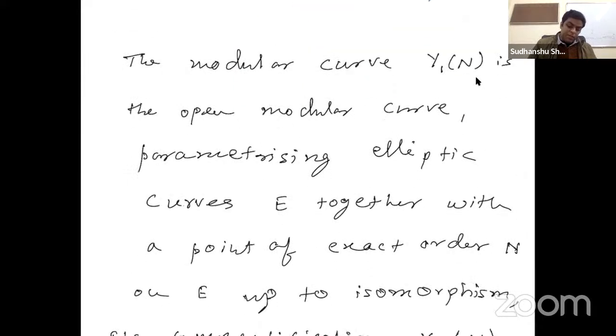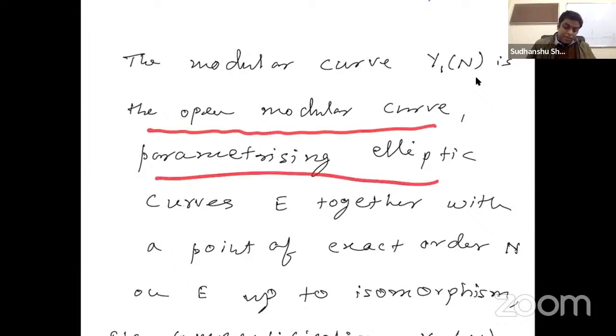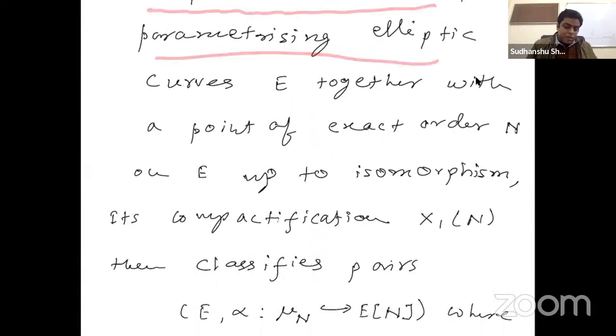Let me just briefly describe these notations, and again I believe these things were discussed in one of the talks last week on modular curves. So a modular curve Y_1(N) is an open modular curve parameterizing elliptic curves E together with a point.